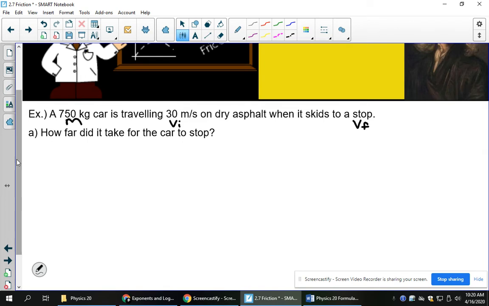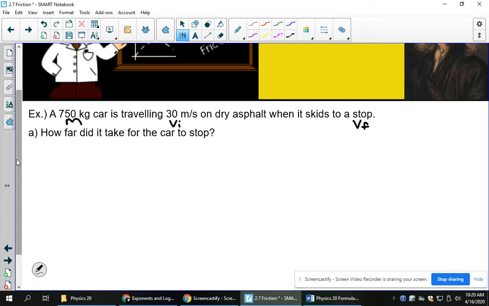There isn't a single kinematics equation that takes into account mass, so we really don't have enough information to go to a kinematics equation. We have to start with dynamics or Newton's laws first in order to find acceleration, because Newton's second law says F equals ma.